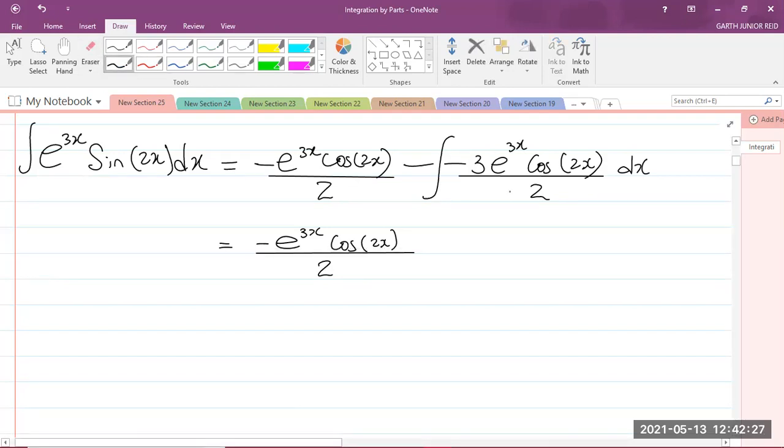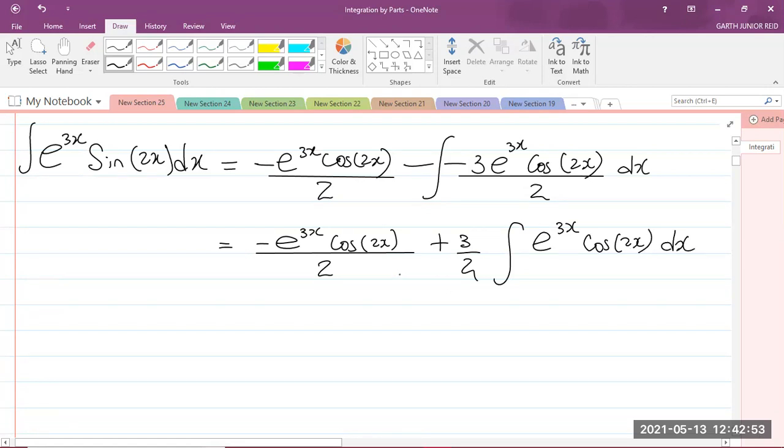Now, when I take out the negative 3 over 2 outside of the integral, it will turn positive, because the negative sign is also in front of the integral. So I now have a positive 3 over 2 multiplied by the integral of e to the power of 3x times the cosine of 2x dx.